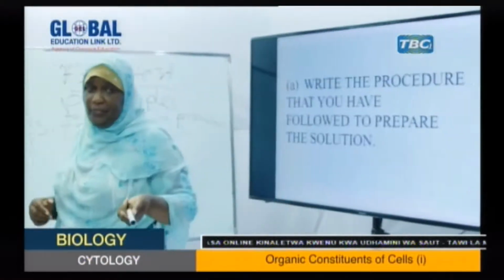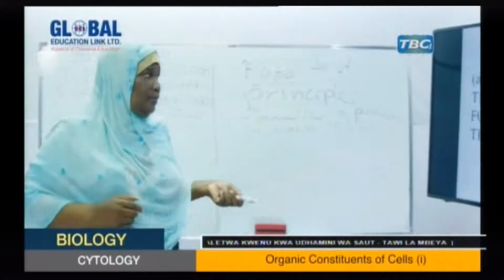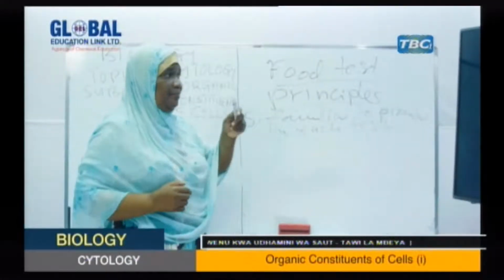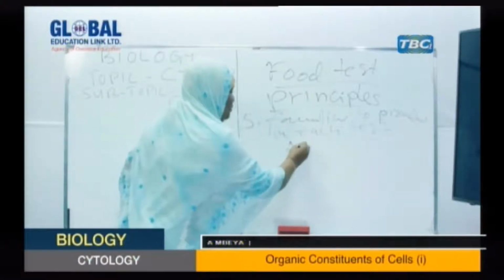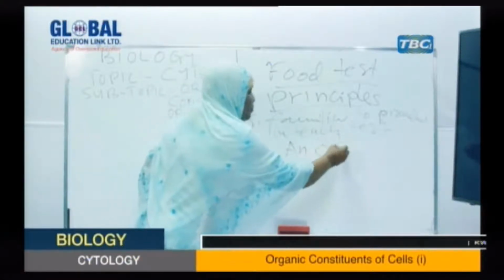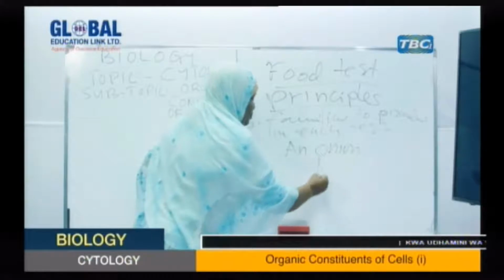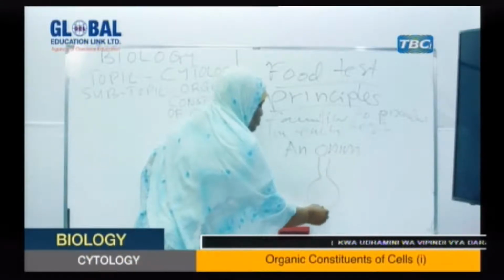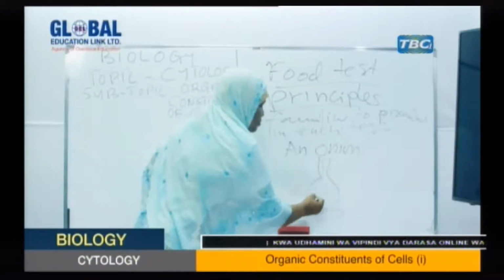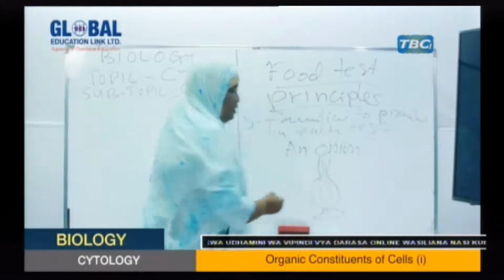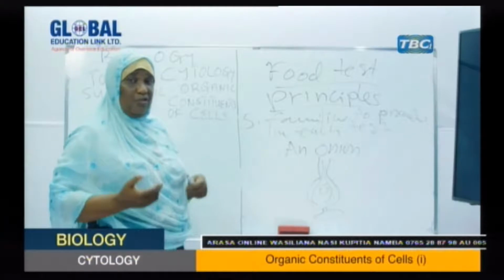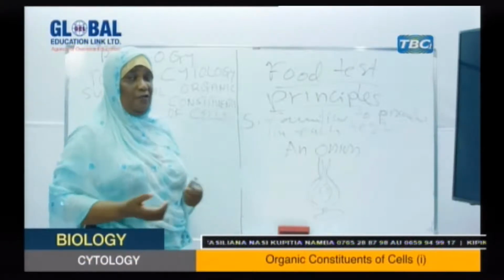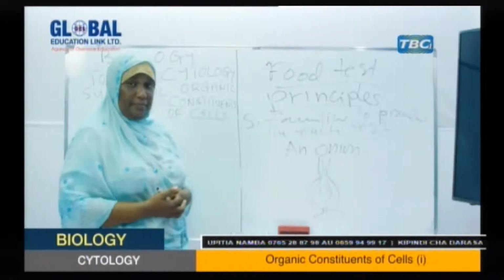Therefore, let's say the specimen which has been given to you is an onion. Let's say you have been given an onion and you are required to prepare a solution from it.